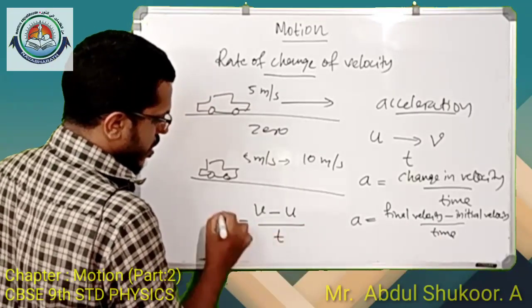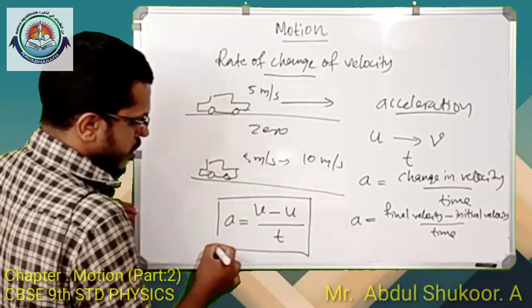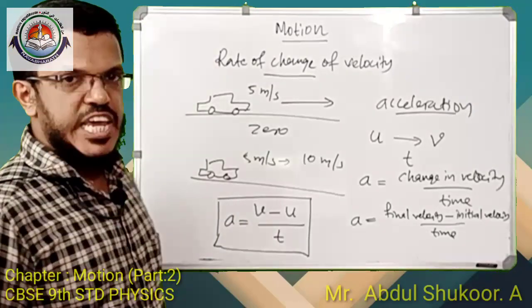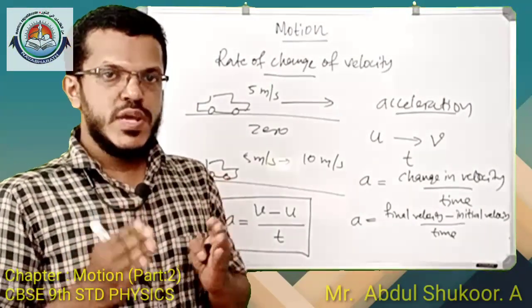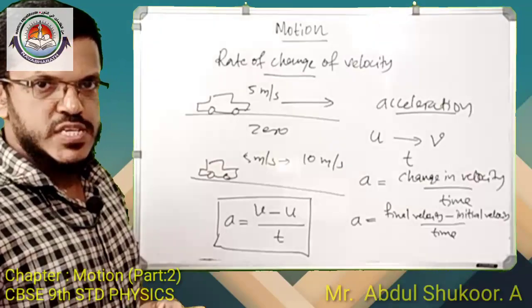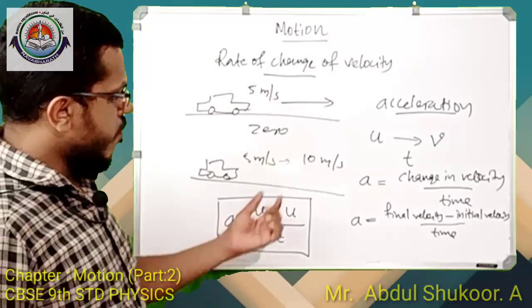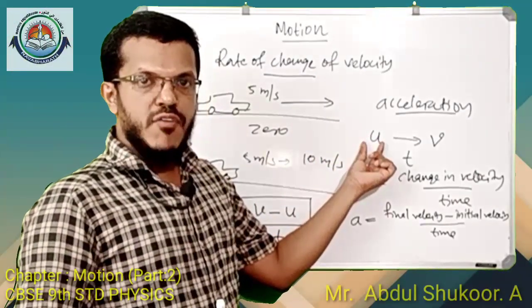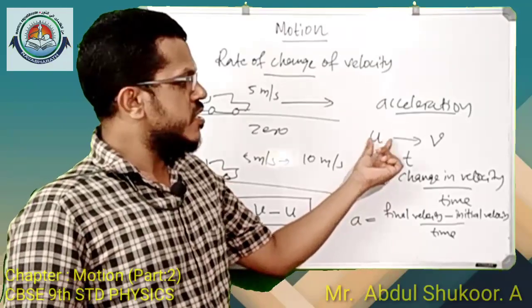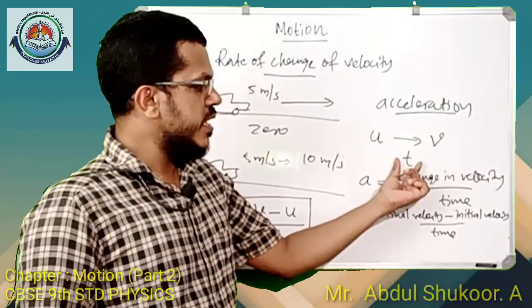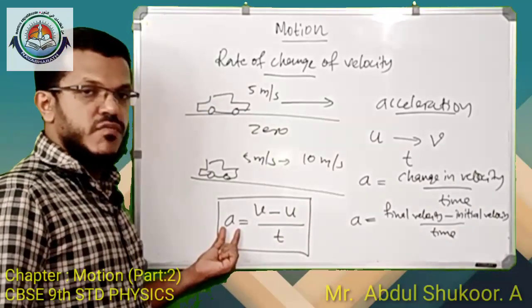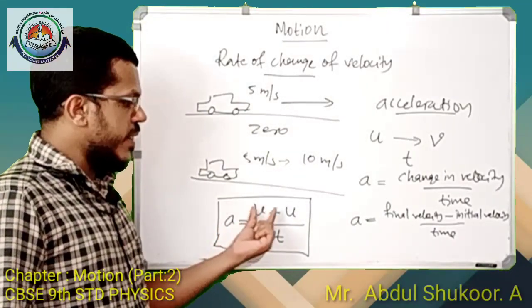Then a is equal to v minus u by t. That is the equation to find out the acceleration of a body. If an object moves with a velocity u, and after some time the velocity changes to v in the time interval t, then we can find the acceleration of the object: a is equal to v minus u by t.